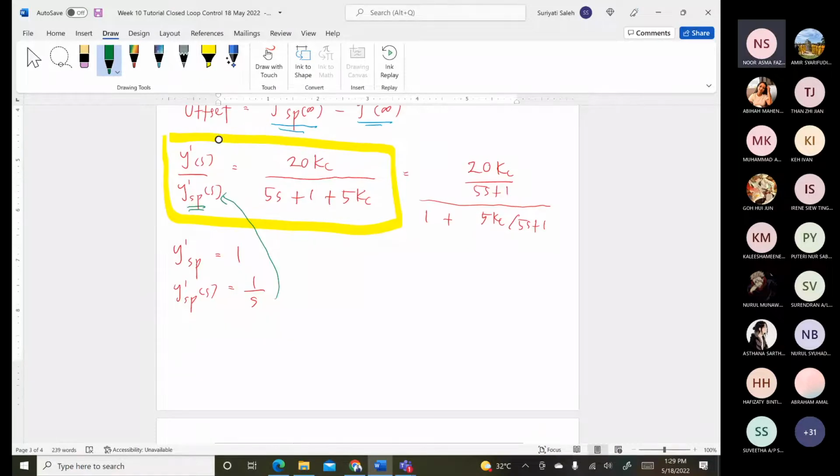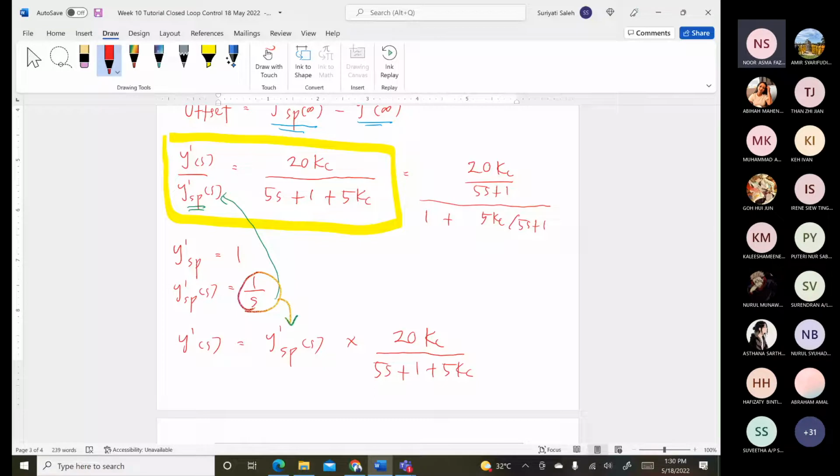Or if we try to rearrange it, y prime s equal to y prime sp of s multiplied with 20 kc, 5s plus 1 plus 5 kc. All right. So we have y sp of s equal to 1 over s. So this means this part can be substituted into here.